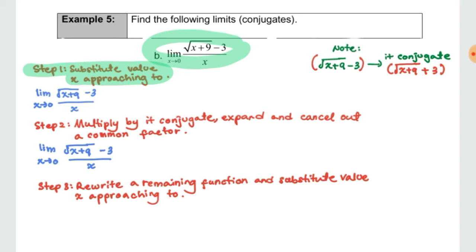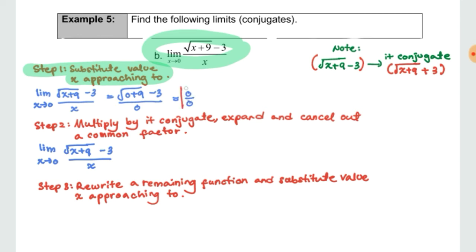That means we can substitute 0 inside the variable of x. So we get square root 0 plus 9 minus 3 over 0. Square root 9 we get 3. 3 minus 3 over 0 we get 0 over 0.